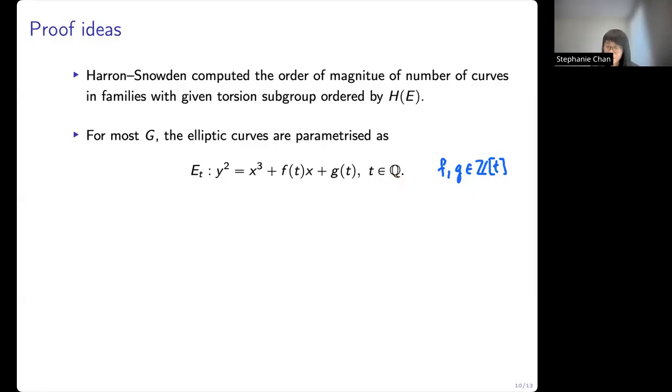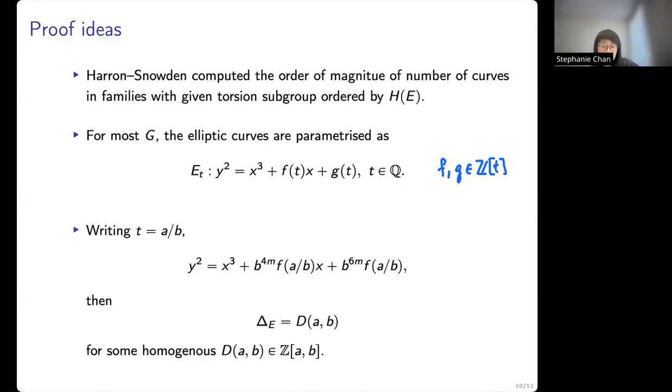So we need to first make this model integral so that it's easier to work with. What Harron and Snowden did in their paper was write this T as a fraction A over B, where A and B are integers, and do a transformation to make this into an integral model.